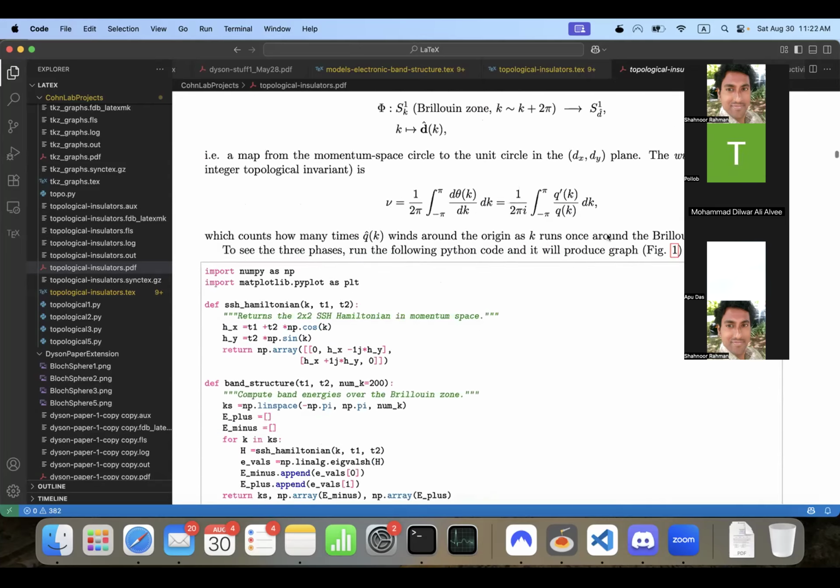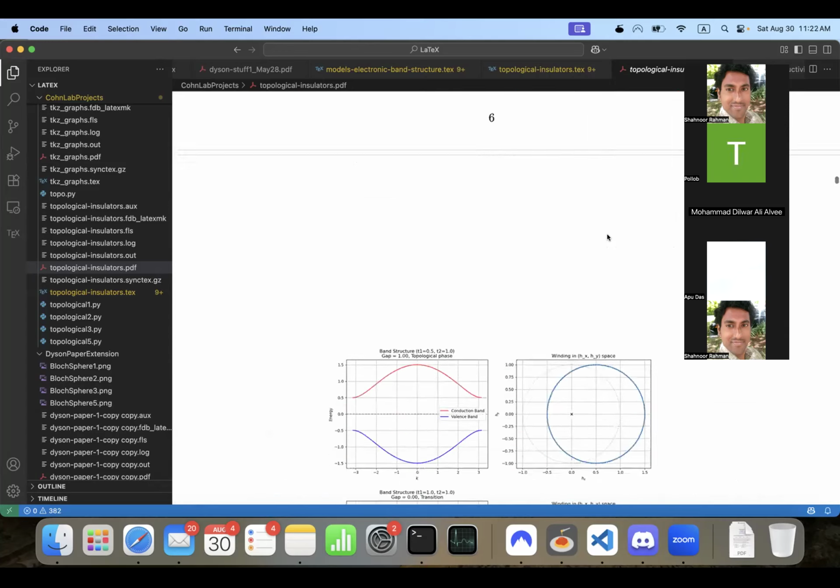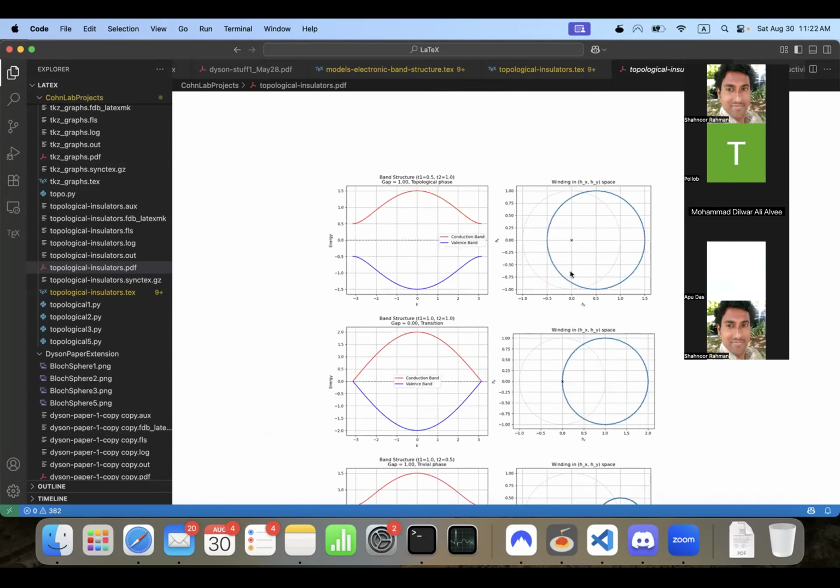And when we plot that, imaginary component along the y-axis, real component along x, we get a circle. And the origin of the coordinate system, the 0 point, lies inside the circle. Okay, and that's the topological phase.